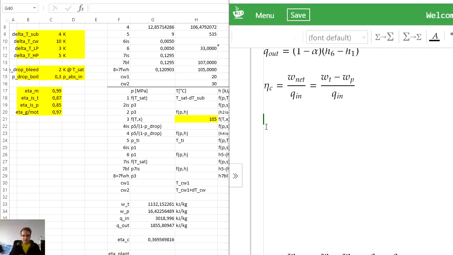So now we'll get to the final efficiency of our power plant.